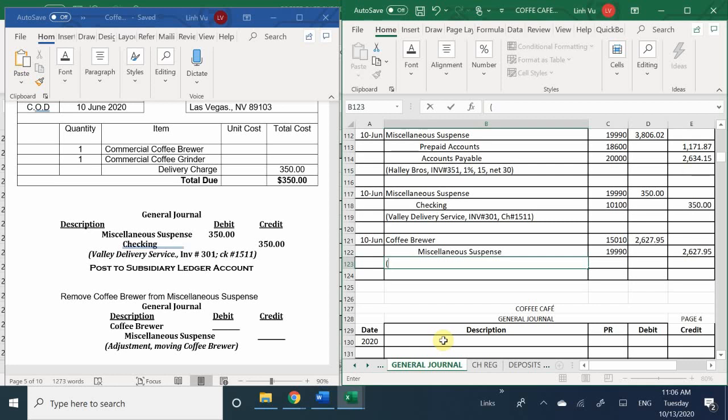That's always number one. Okay, so right here, I'm going to go ahead and complete my journal by saying moving coffee brewer out of miscellaneous.